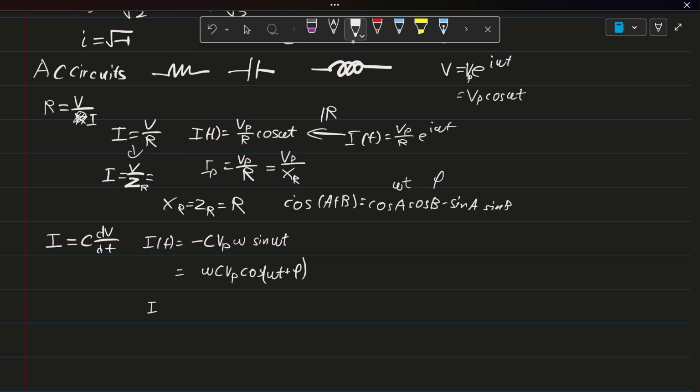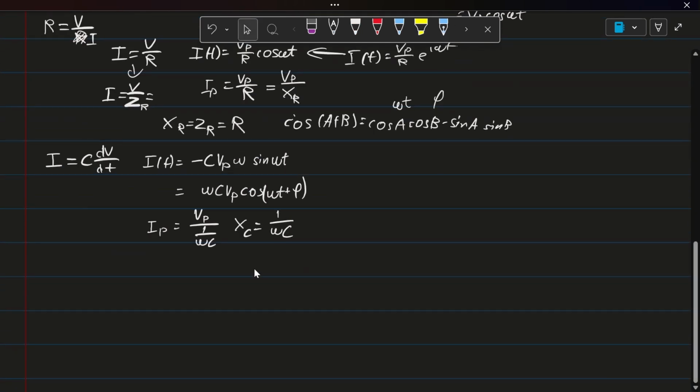And this equals omega C Vp. So if we try to look at the peak, we get something like this. So what we get for the reactance is 1 over omega C. But the reactance in itself couldn't truly describe the phase change. So instead we could just use a tool from complex numbers.